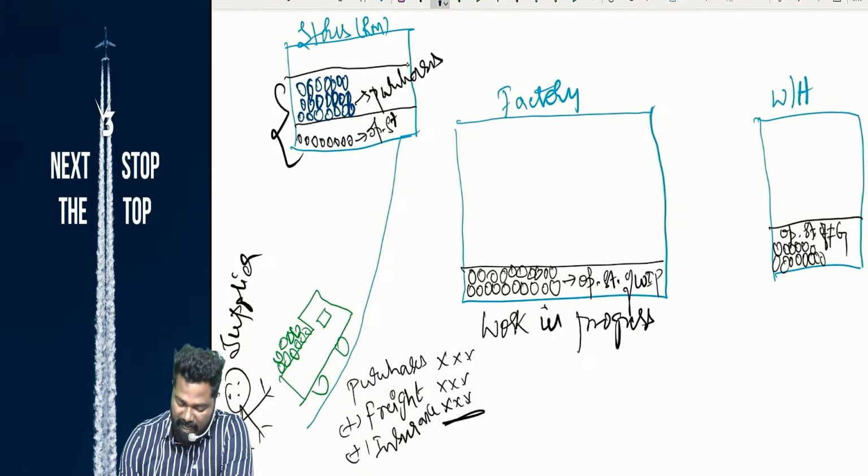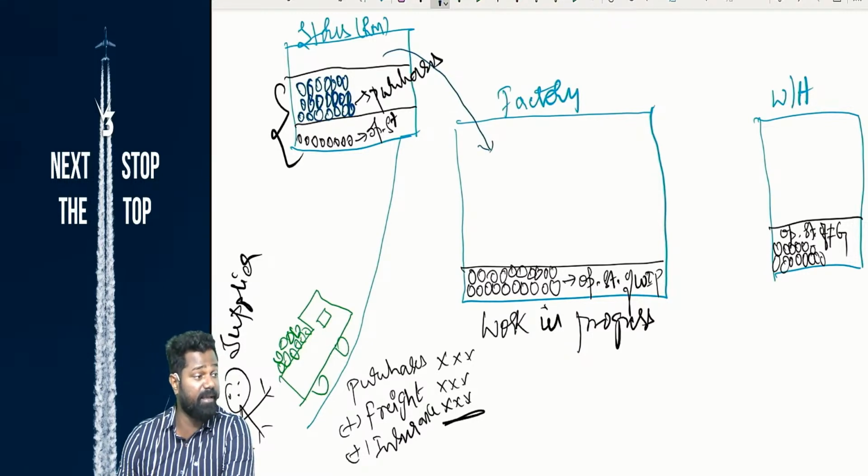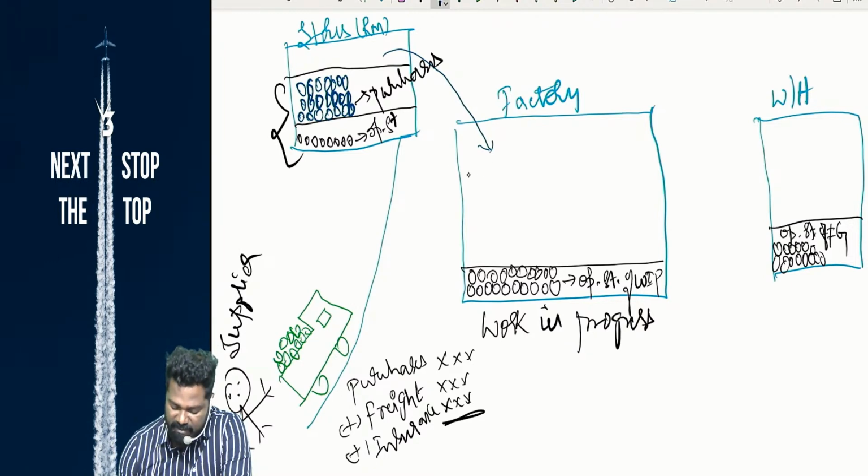So the factory asks for some raw material from the stores department. So who is consuming raw material? The factory, or the units produced in the factory? Chalo. So what happens is raw material consumed. Clear?